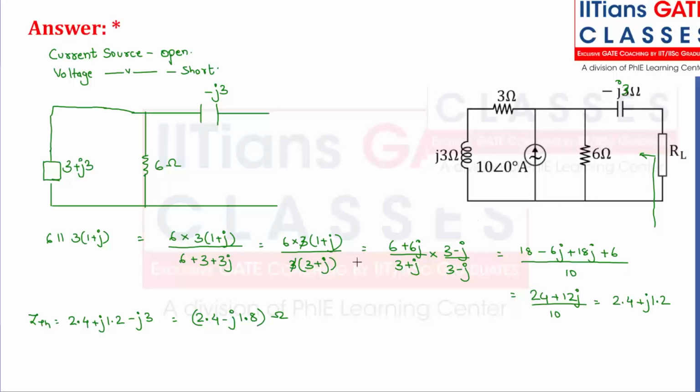Now RL is equal to the square root of 2.4 square plus 1.8 square. So if we solve this, what do we get? We get the square root of 9, which is equal to 3 ohm. So 3 ohm is my correct answer for RL.